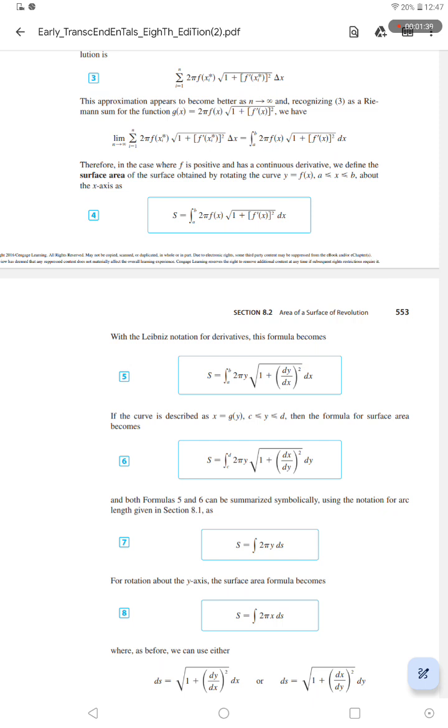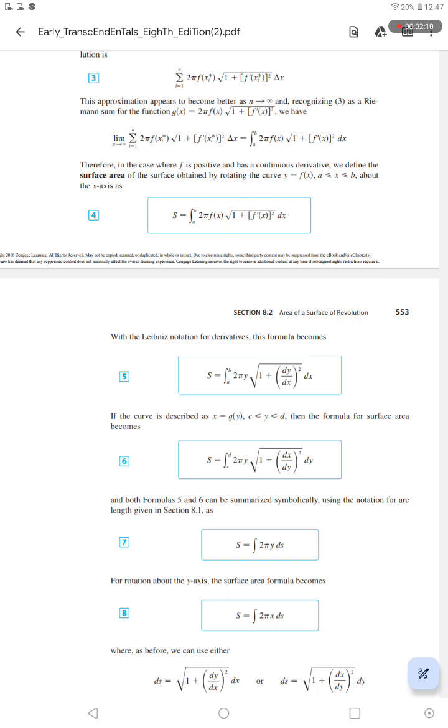Equation 4: big S equals the integral from a to b, 2 pi f of x times the square root of 1 plus open bracket f prime of x close bracket squared dx.